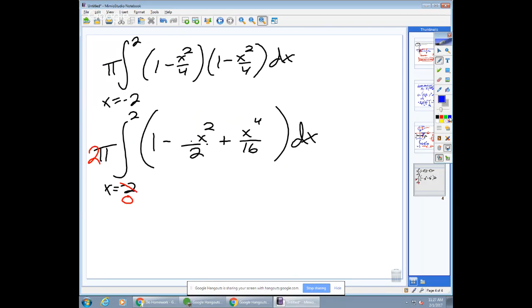So when we evaluate this, what do we get? 2 pi, square brackets. Antiderivative: 1 is x minus, x squared is x cubed over 3, so that'll be an x cubed over 6. And then plus x to the 4th becomes an x to the 5th over 5, 5 times 16, 80.